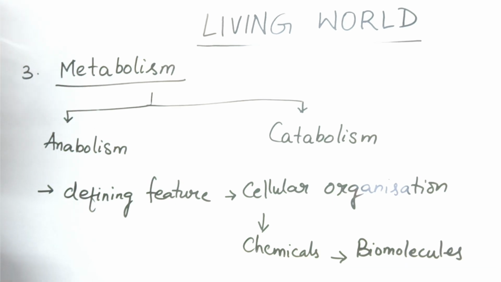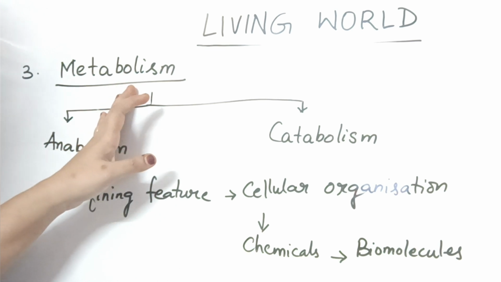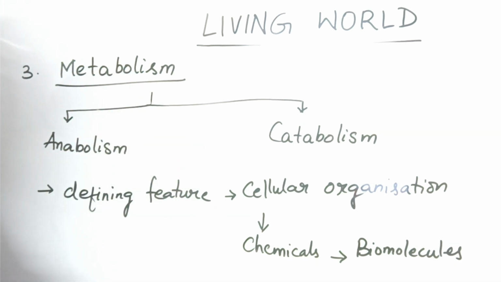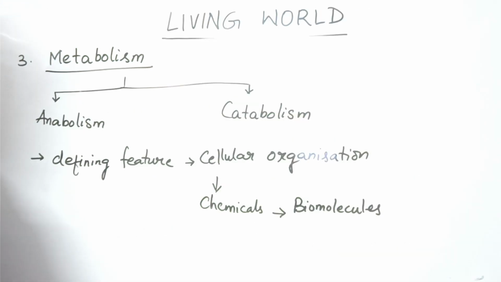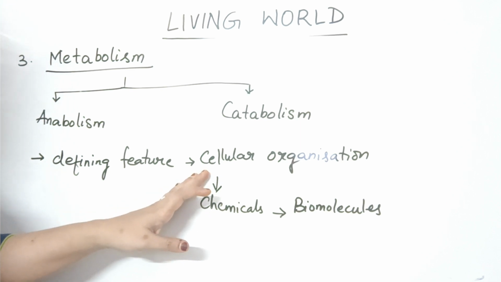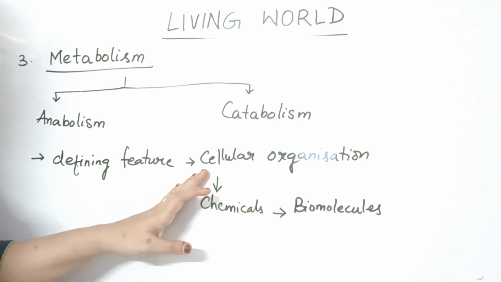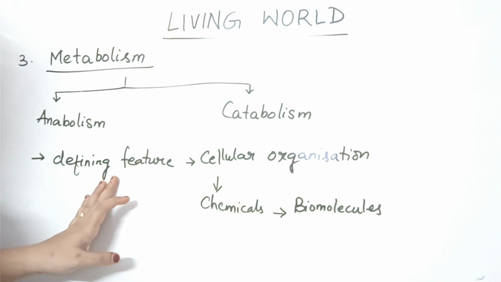And the whole process of these reactions, which are carried out by the chemicals, we call metabolism, which are thousands in number in living organisms. Hence, we can say that this cellular organization of the body is the defining feature of all the living forms.